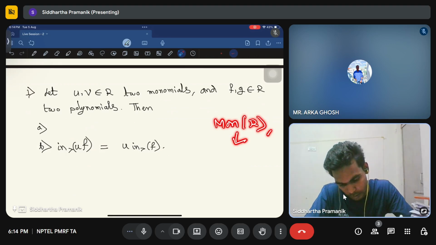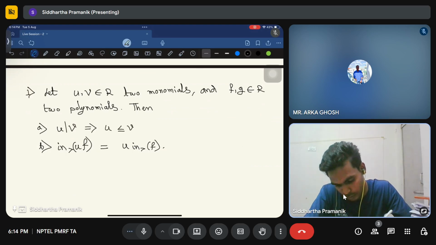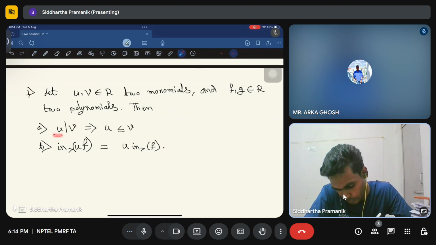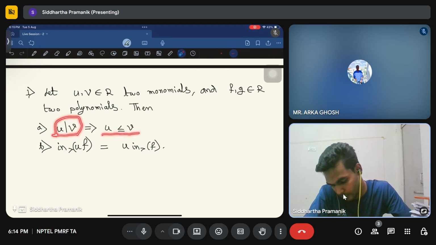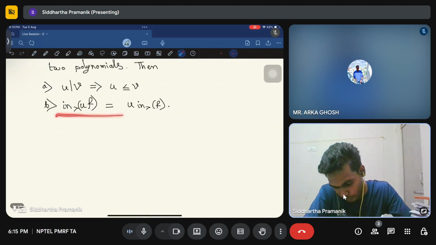If v is divisible by u, then u has to be less than or equal to v, whatever the monomial order. That is the first thing, and the second thing I have already mentioned.